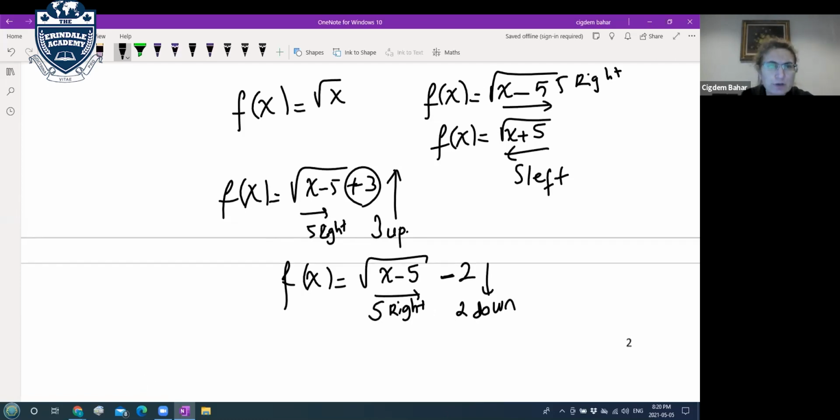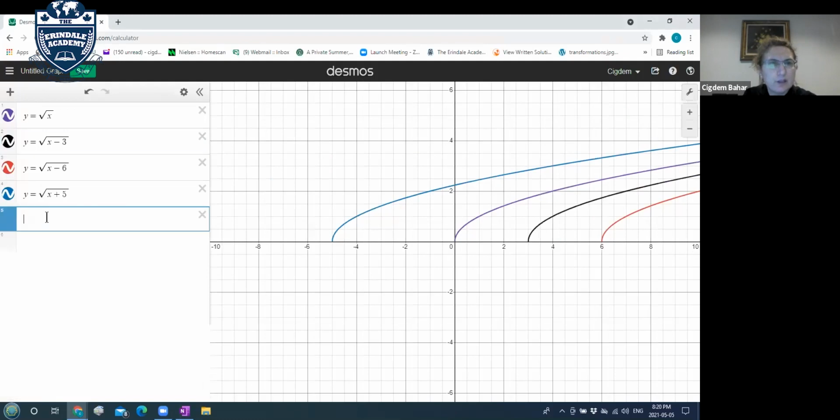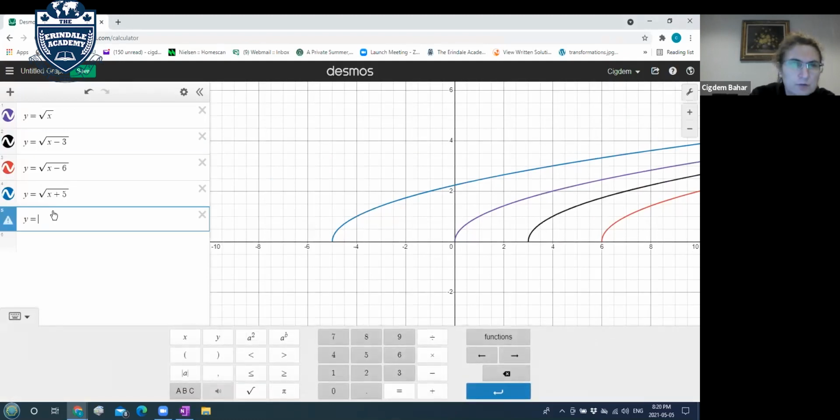Let me show you one more. Let's write y equals square root of x minus 2, and outside go up 3. See the green one?